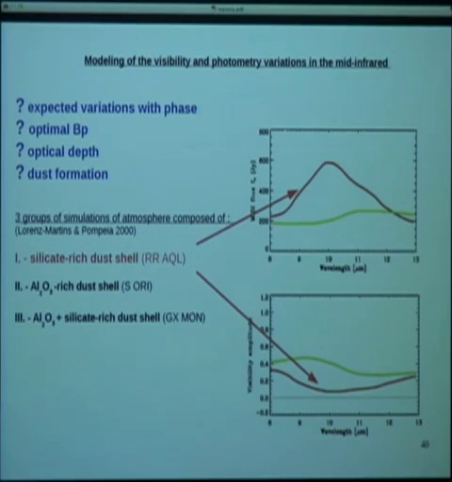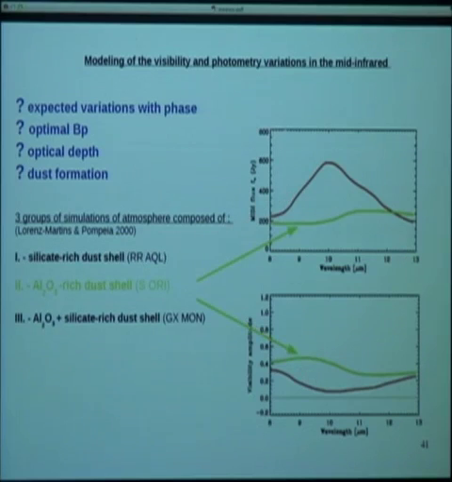You can see the silicate feature in the photometry, which is also reflected in the visibility, as I will describe later. For aluminum oxide, it's the curve in green, where the curve doesn't have any significant feature in the photometry, in the flux.